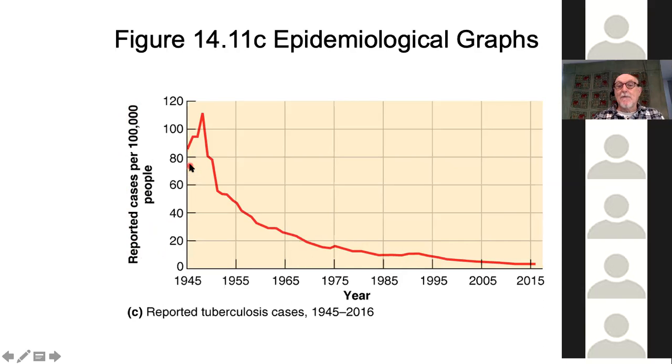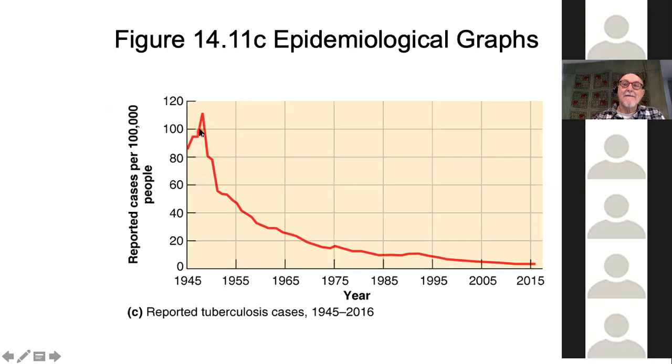This is the reported number of tuberculosis cases, 1945 to 2016. And it's really interesting because have a look here and you'll see that tuberculosis in the late 1940s was very, very high. If we went back here, it'd be bouncing around like this.